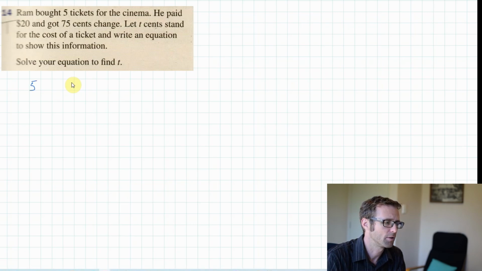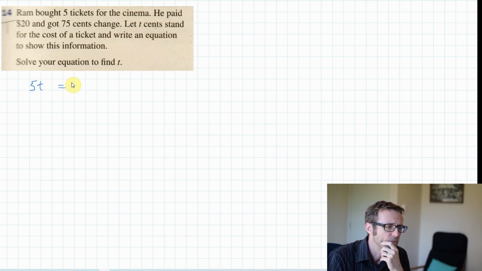So the 5 tickets equal, now we want to put this in cents because they're talking about cents here. So we've got to take 75 cents off $20. Now $20 is going to be 2,000 cents, so this is going to be 1,925 cents. Okay?